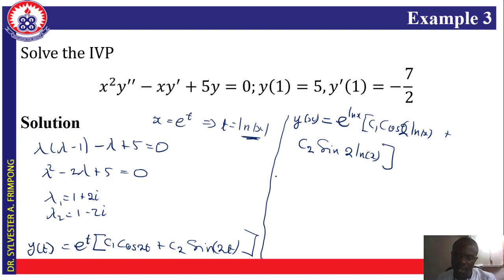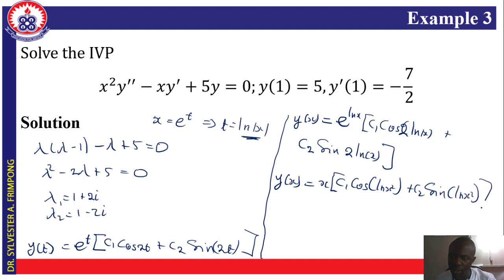If you simplify this, you're going to have y of x equal to e raised to the power ln x, which is x, times c1 cos of ln x squared plus c2 sine of ln x squared. And this is the general solution.